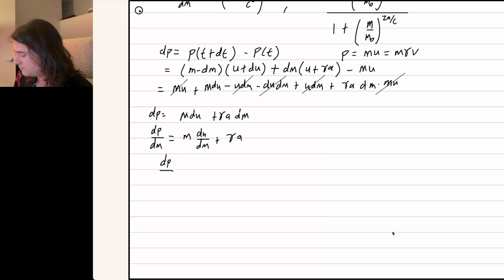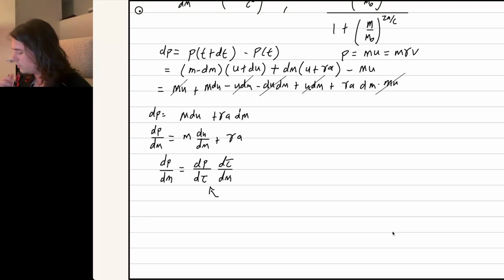Now, dp/dm is an interesting quantity that is zero, because when you apply the chain rule to it, you notice that it's just dp/dtau times dtau/dm, and it doesn't matter what dtau/dm is because this is zero.